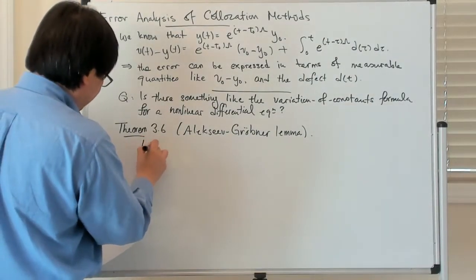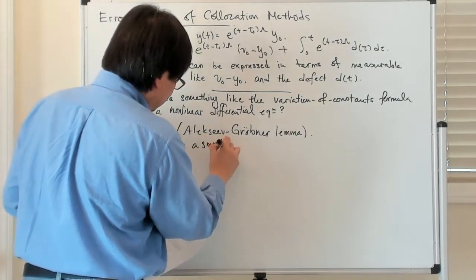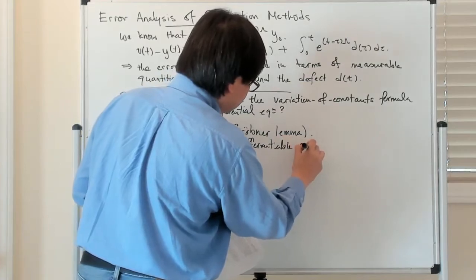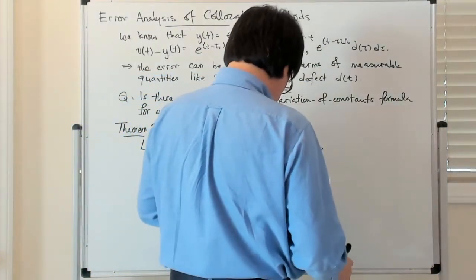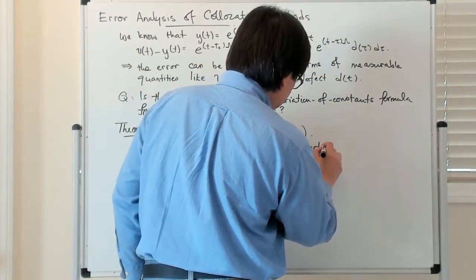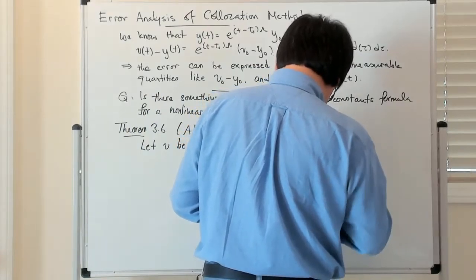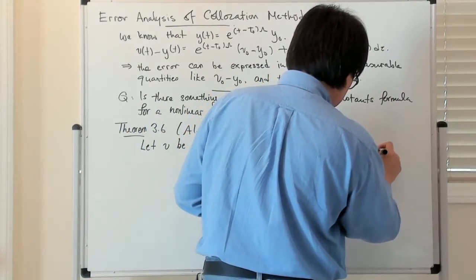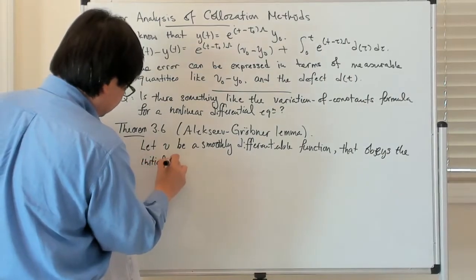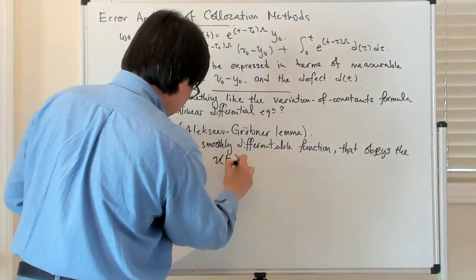Let's say you have v be a smoothly differentiable function that obeys the initial condition that v at time t0 is y0.